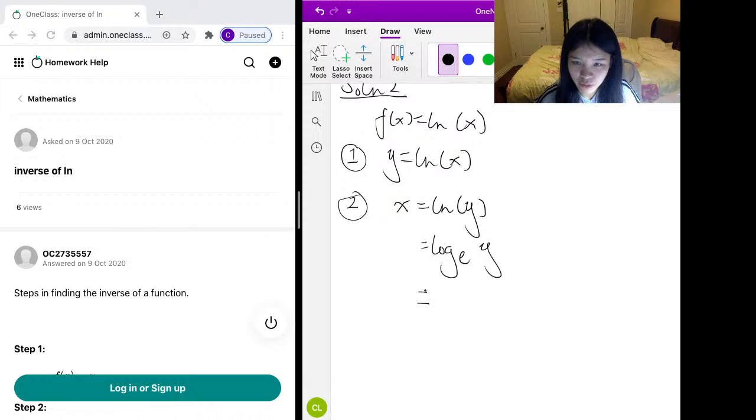Then we would use the rule of logarithms.